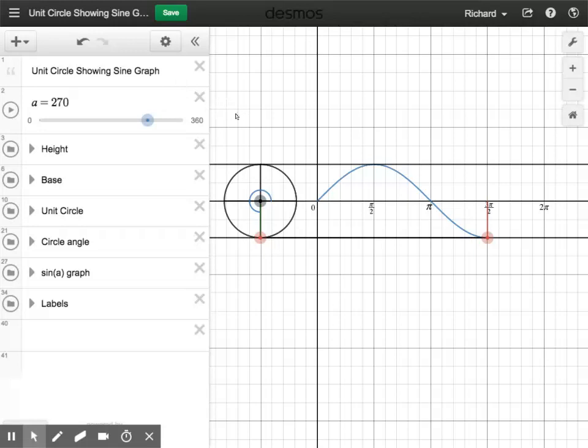And so we have negative values here. And then as I move from 270 to 360, we then have it completing its negative journey back to the start again.